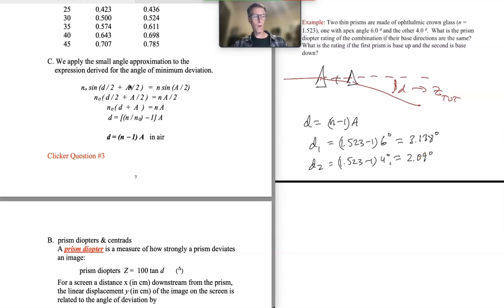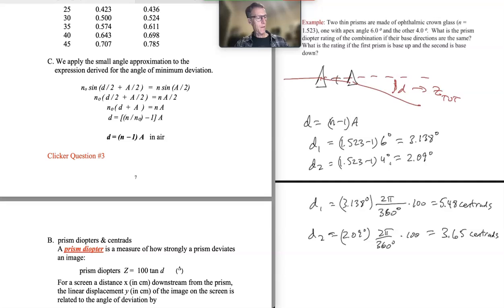So now I'm going to convert these into centirads. For example, d1 is 3.1 degrees, and to convert into radians, I multiply by 2 pi and divide by 360 degrees, and then to convert to centirads, I multiply by 100. And similarly for d2. Okay, so I've converted these values into centirads, and I get the figures here.